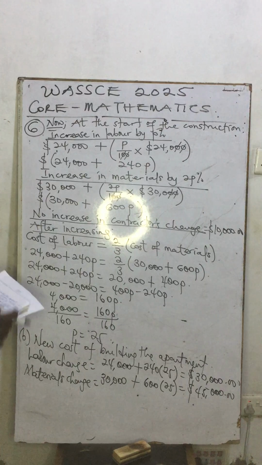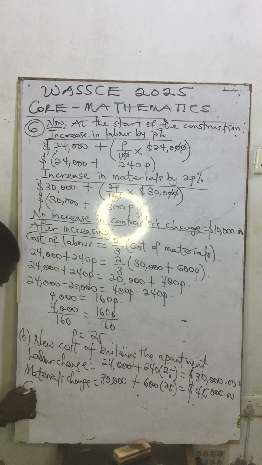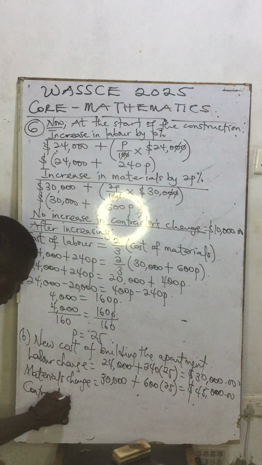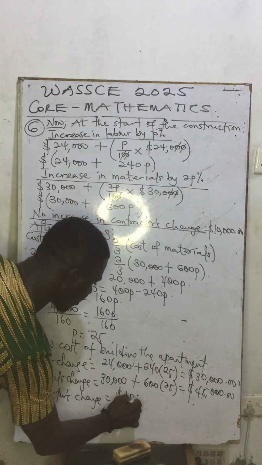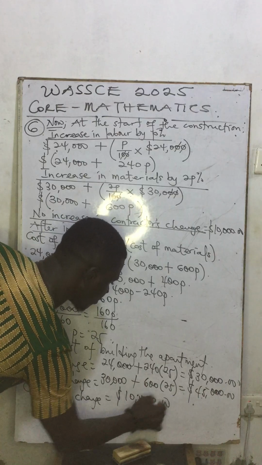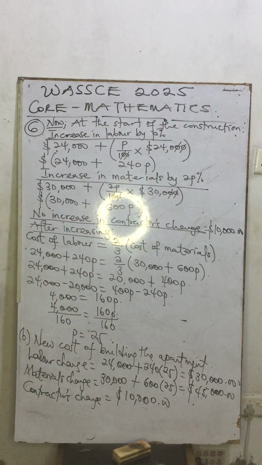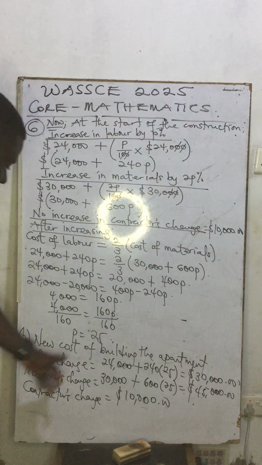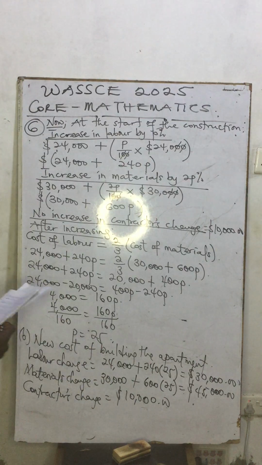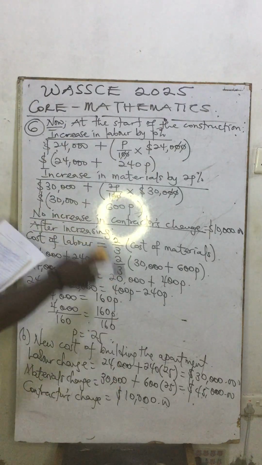Now, the contractor's charge is still $10,000. So we have to find the total charges, adding the labor charge to the materials charge and the contractor's charge.